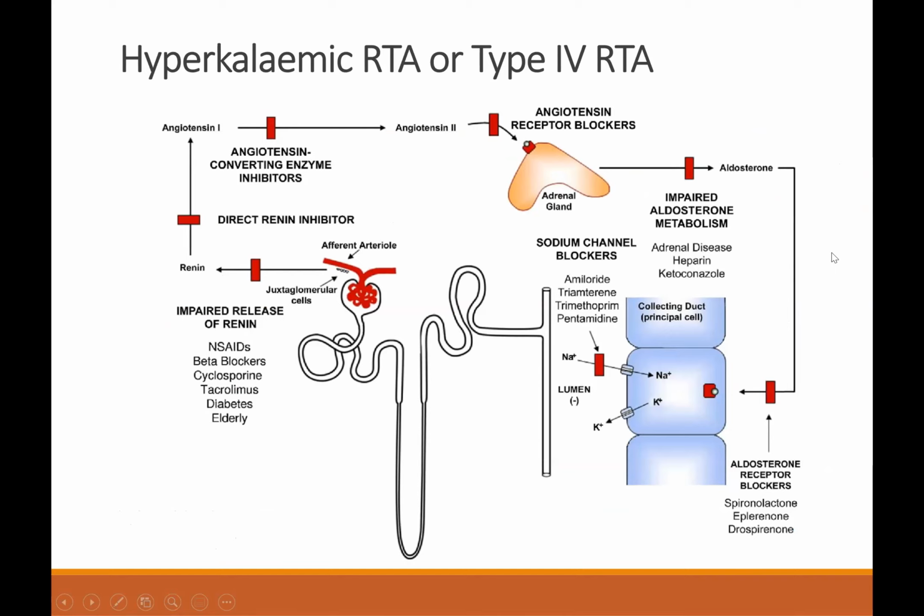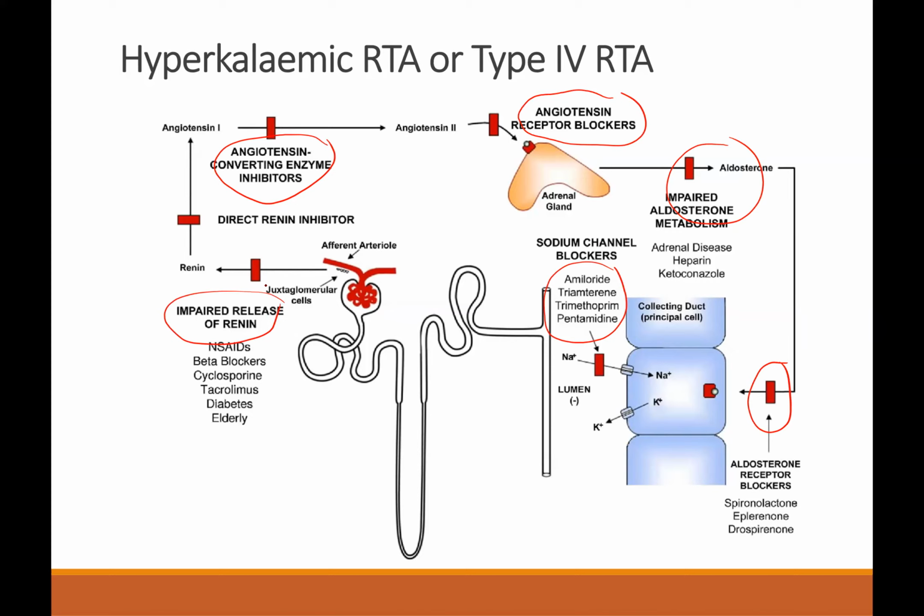So there could be angiotensin converting enzyme inhibitors normally used in the treatment of hypertension, or ARBs, angiotensin receptor blockers, or impaired aldosterone metabolism, or aldosterone receptor blockers, okay, or drugs which interfere with the aldosterone action there, like triamterene, amiloride, trimethoprim, pentamidine, or there is an impaired renin secretion from the juxtaglomerular cells.